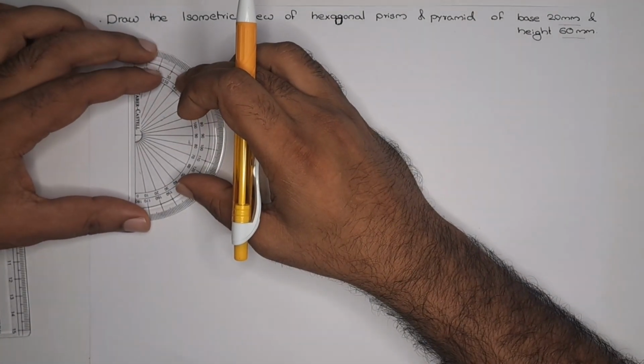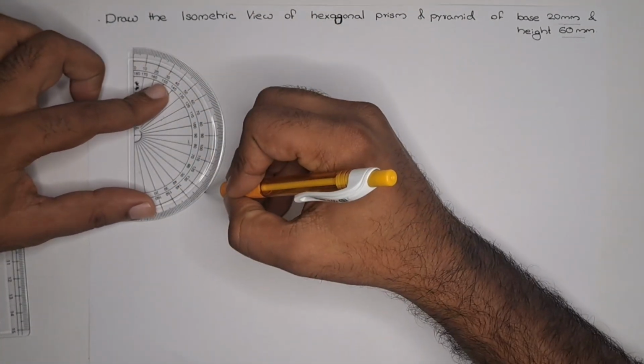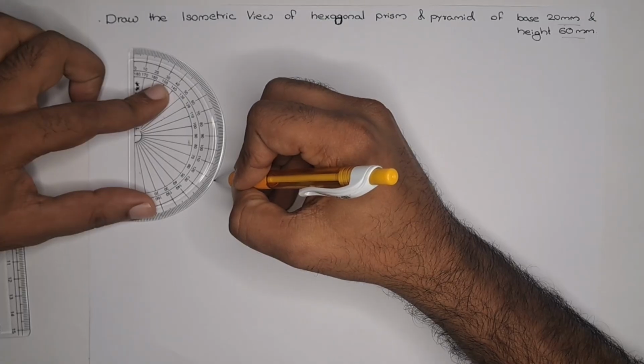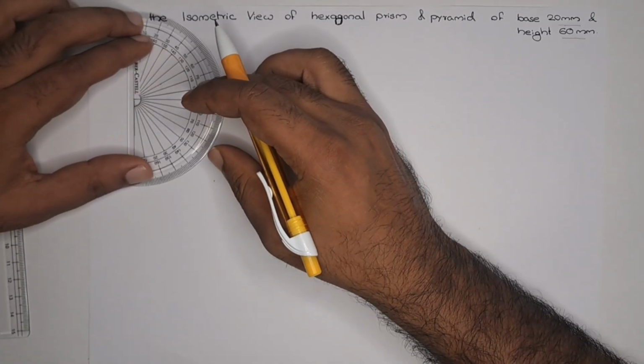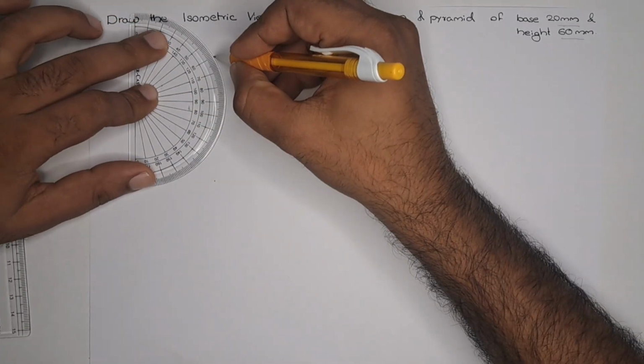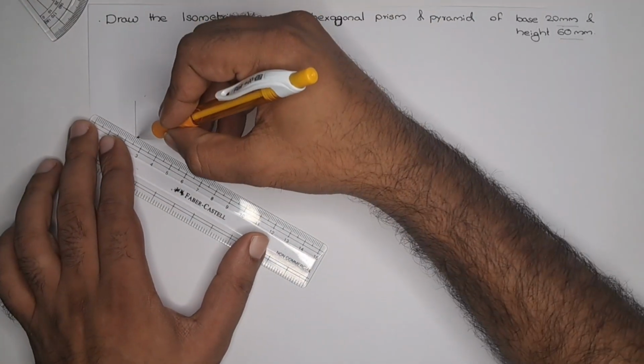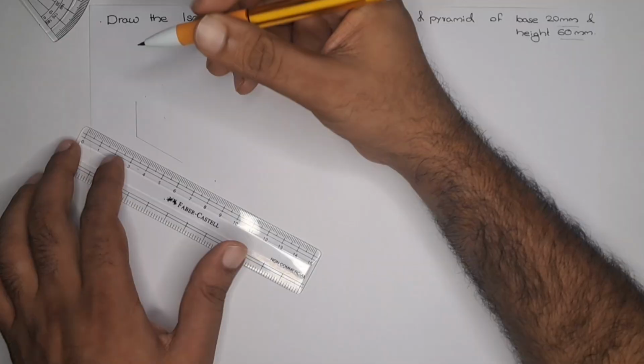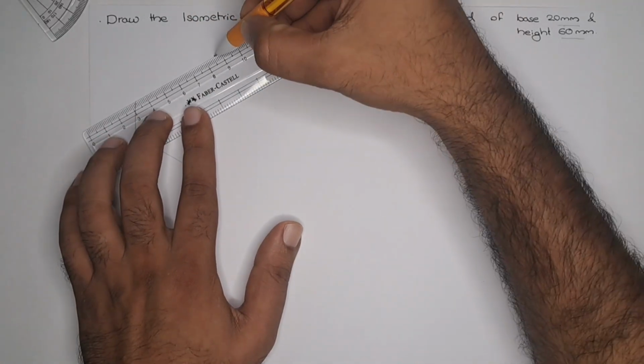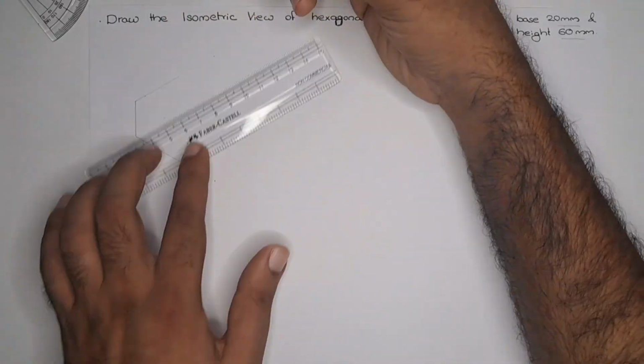The interior angle of the hexagon is 120 degrees, so we are marking 120 degrees from both sides. Now we draw the lines connecting the 120-degree angle on both sides and mark the 20 mm distance.